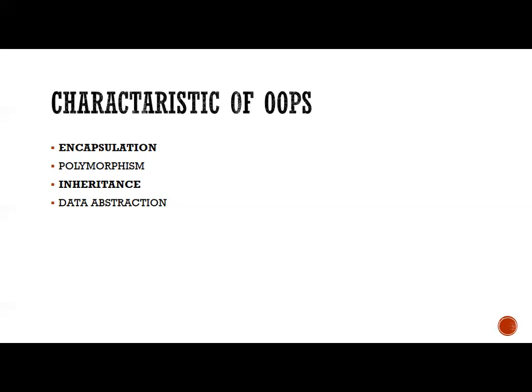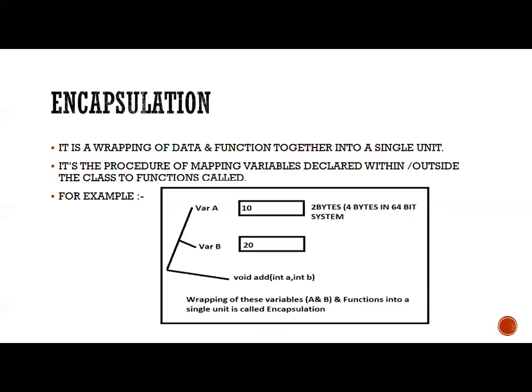Just consider the example of private: it means the content is accessed only within that class, and only class members are permitted to access it. That is an example of data abstraction. Now we will see each of them in depth.